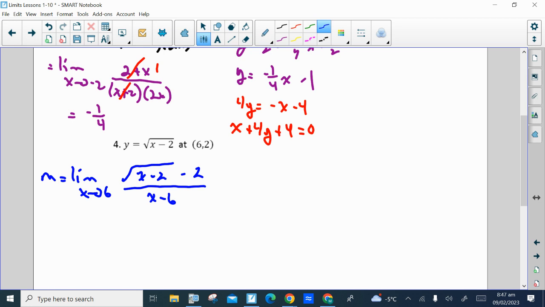So again, 6 is non-permissive. So we need to do something to get rid of that x minus 6, and that something would be multiply top and bottom by the conjugate.